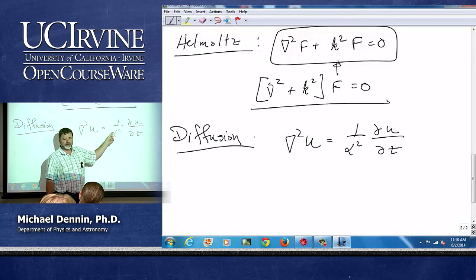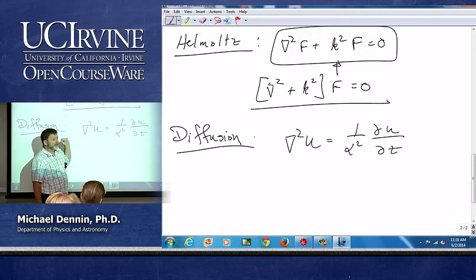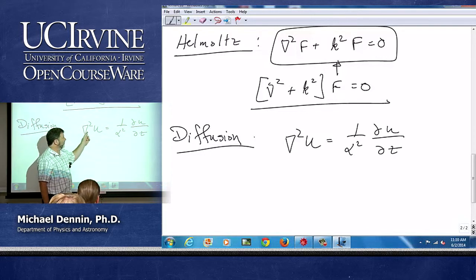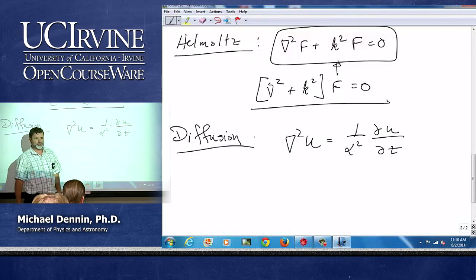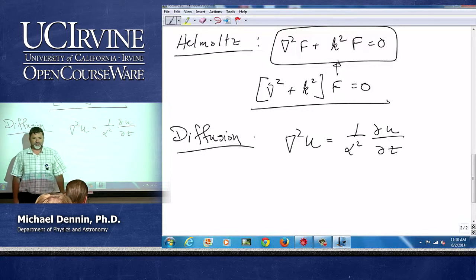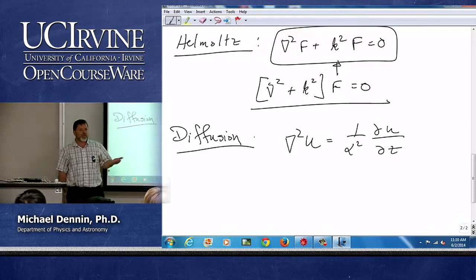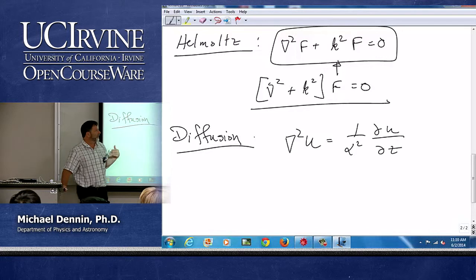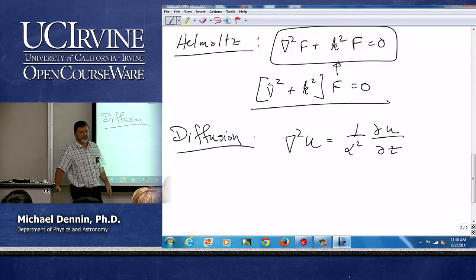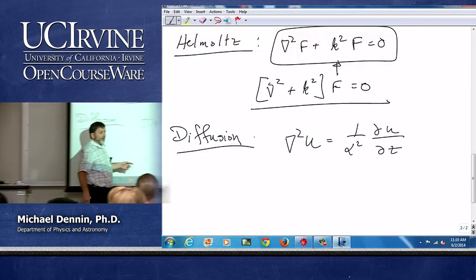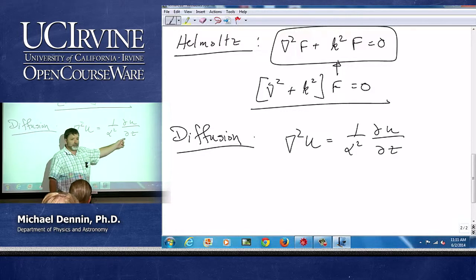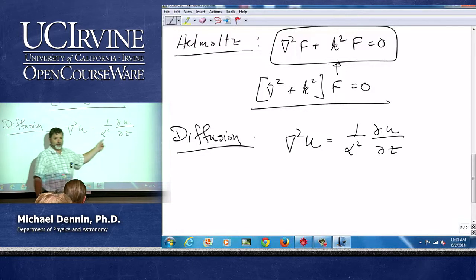That was not bad. How do you know this is a diffusion equation, not a wave equation? How would you describe this to someone if you had to be telling them what the order of this equation is? Well, it's first order in time, second order in space.